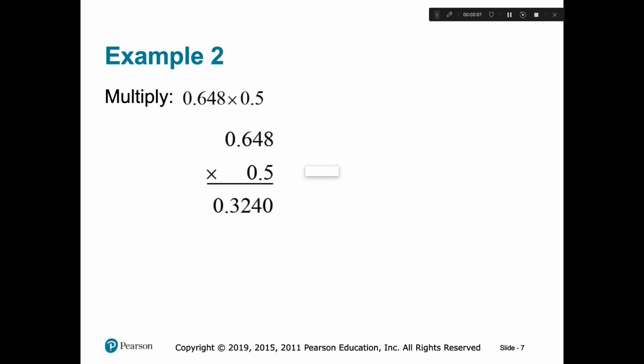Good answer. That is exactly correct. 0 doesn't do anything, so... No, the 0 doesn't do anything, but we got 3 behind the decimal place here, and 1 here, so we need to do 4 even though the 0 doesn't do anything. We have to put the 0? Mm-hmm. So our homework's going to count wrong if we don't? Most likely. Okay. Good to know.